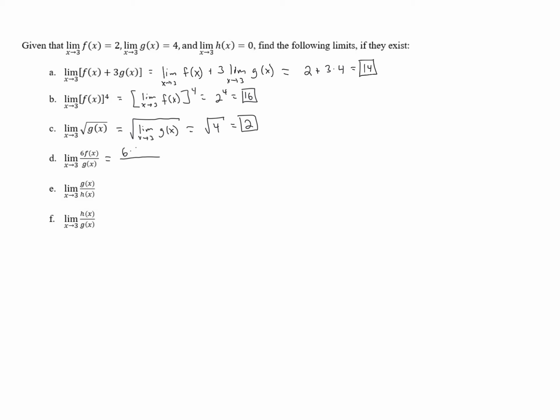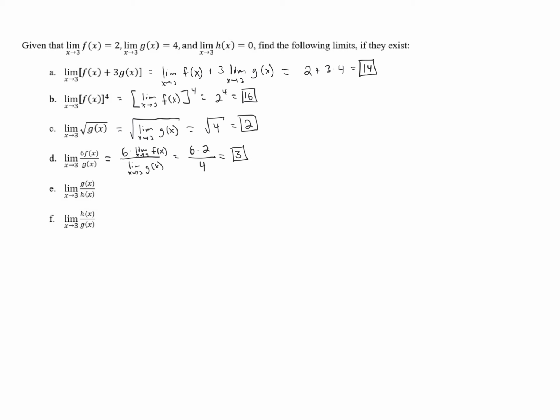So this is 6 times the limit as x approaches 3 of f of x over the limit as x approaches 3 of g of x. And then plugging in those limits, we've got 6 times 2 in the numerator and 4 in the denominator, so that's 12 over 4, which simplifies to 3.